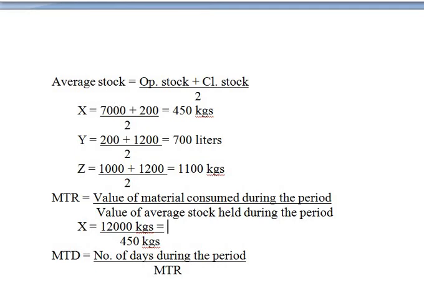Just calculate this, so that will be 26.67. So we will round it up, that is 27 times. It is 27 times fast moving.